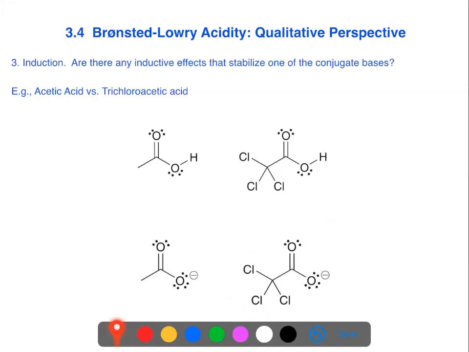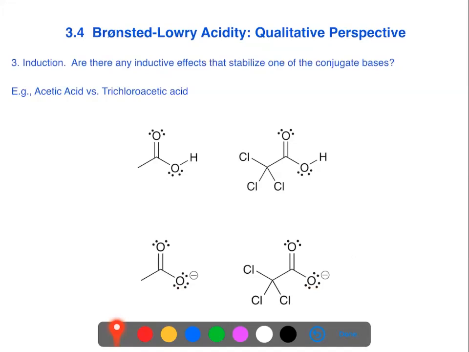Now, when we compare the atom effect and resonance effect in this example, we see that both conjugate bases are stabilized by resonance, and both conjugate bases have a negative charge on the same type of atom, oxygen.